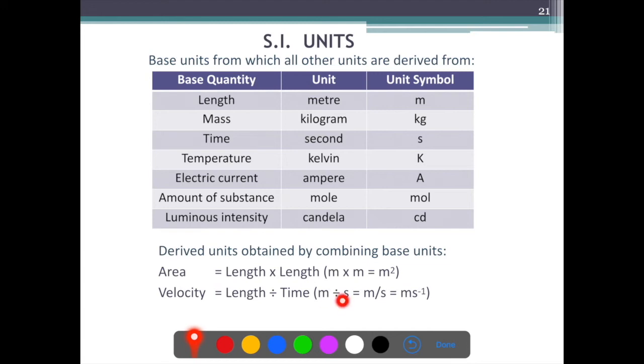So you have meters divided by seconds, or meters per second. And you can also write down this notation meter per second as meters second to the minus 1. So as we progress in this course, we'll encounter many other derived units, and at least you know that derived units are determined by substituting the base units in the equation for that derived unit.